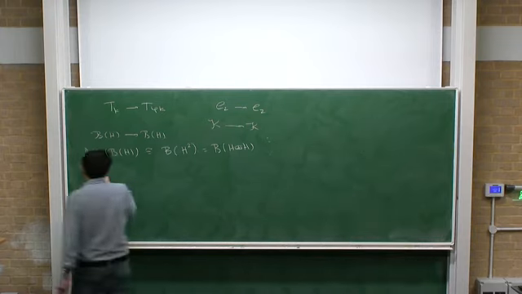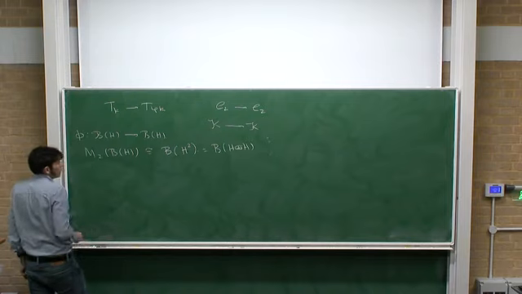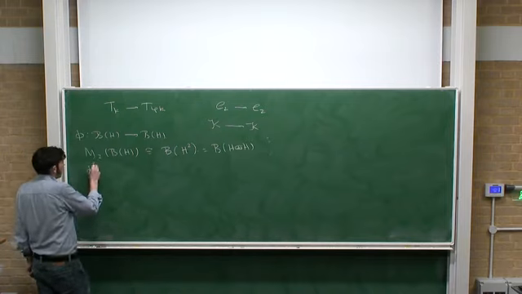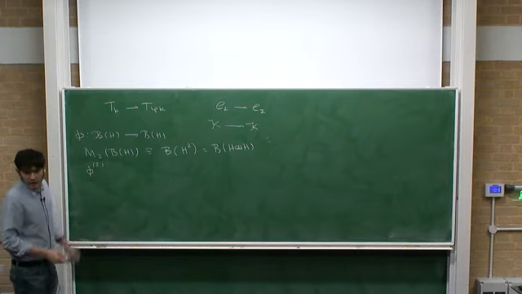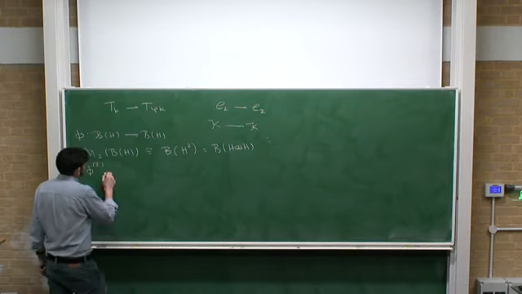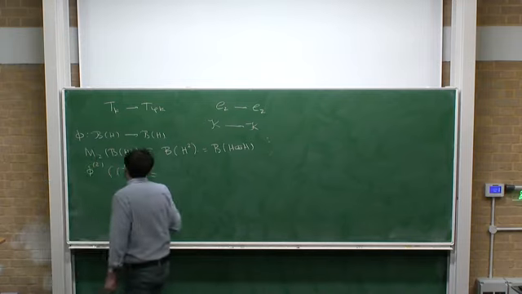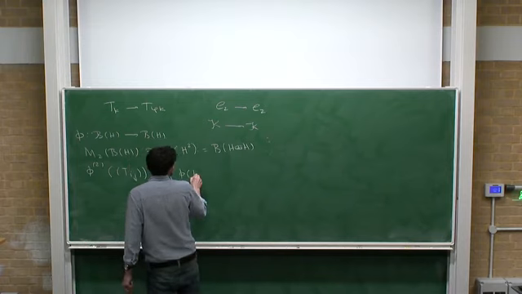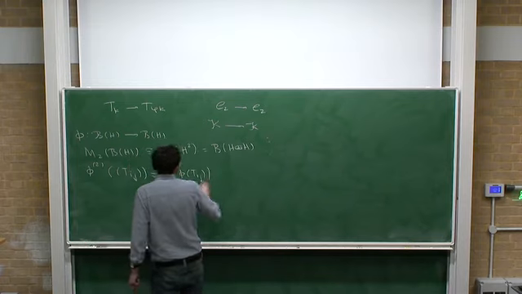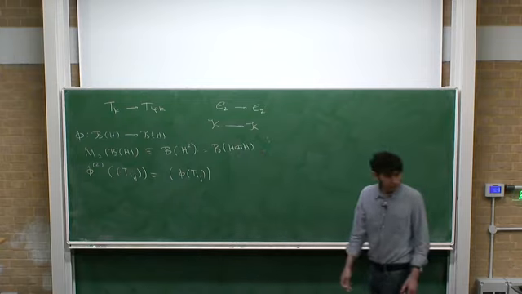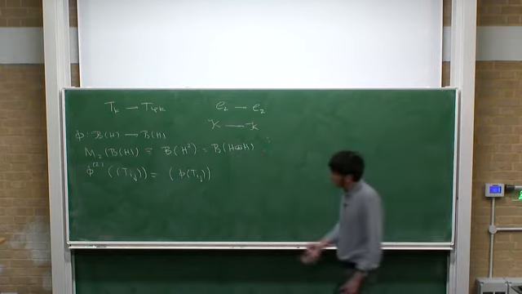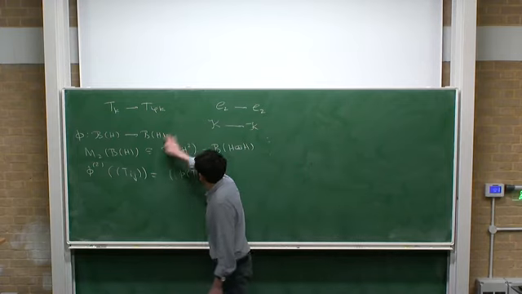Now you can consider, along with your map, let's call it phi, the amplification of this map. One way to define it is that you just apply your map phi entry-wise to your matrix to get another map on this space.